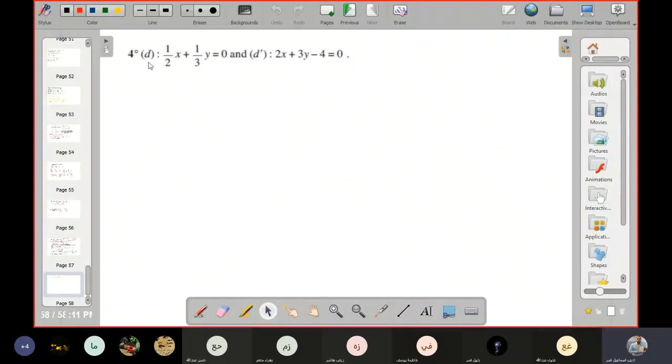First, we have these two equations, D and D prime. They are not in the form y equal ax plus b. So the first step to do is to transform them to the form y equal ax plus b. I will write them.